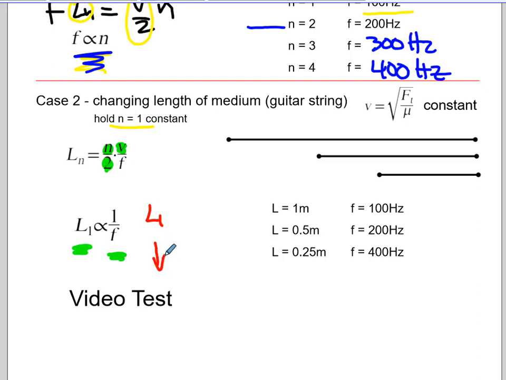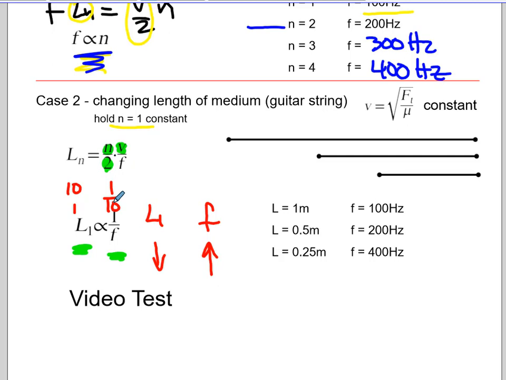So for L1 to get smaller, your F value would have to get larger. Okay, so to keep that balance. So if you imagine your length here went from a 10 to a 1, for that to happen, you would have to have something on the frequency side changing from 1 to 10 or something along those lines. Okay, so you'd have a change in the opposite direction.